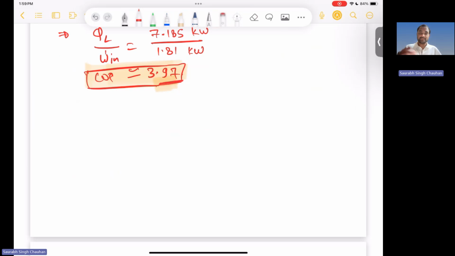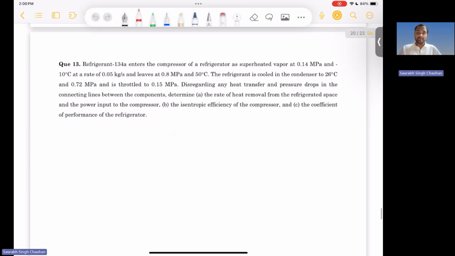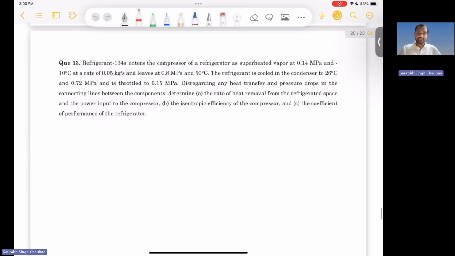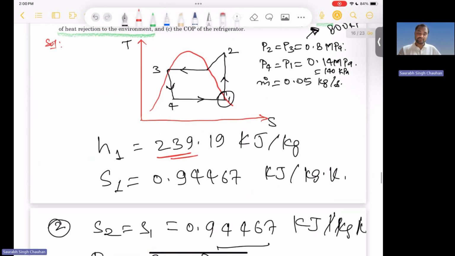Because if there is multi-phase, then blades can be corroded, but the capillary tubes and throttling valves can easily handle the two-phase mixture. As shown in this diagram, process 3 to 4 is in the saturation dome, so this is basically a mixture of liquid and vapor. That's why you are using this throttling valve.